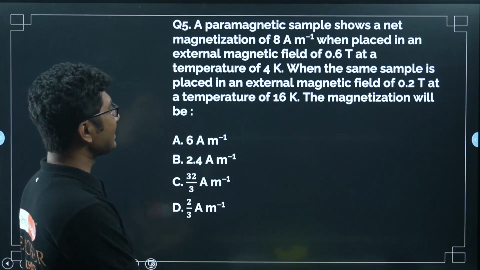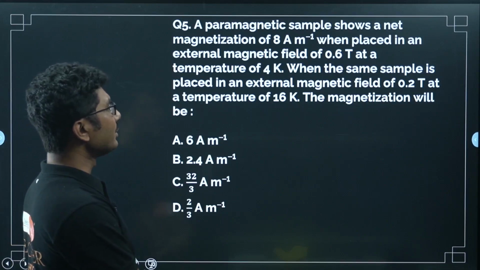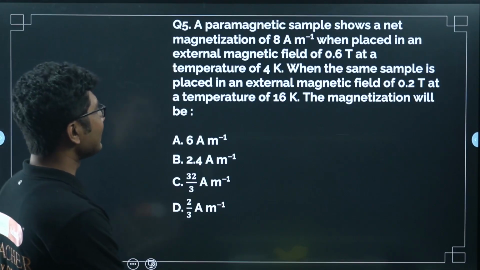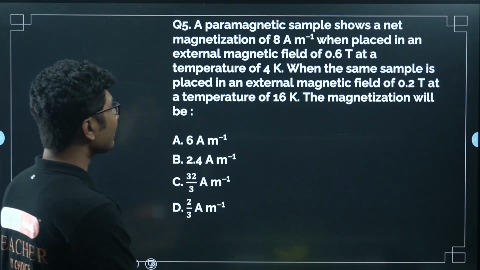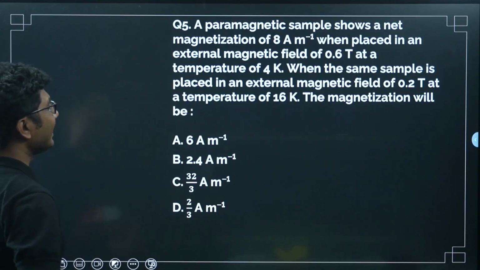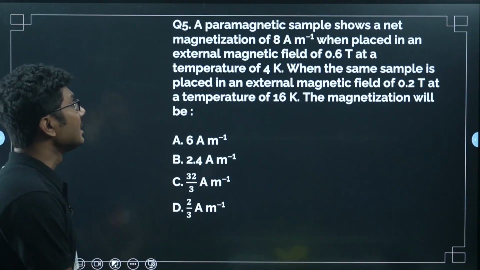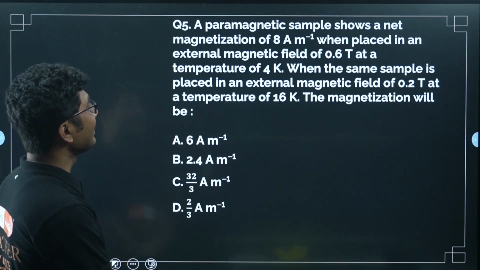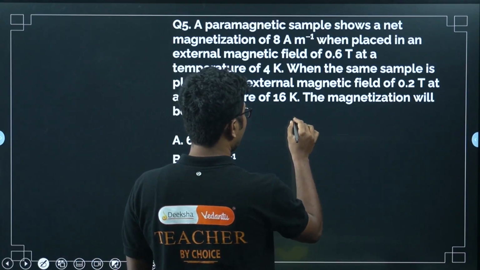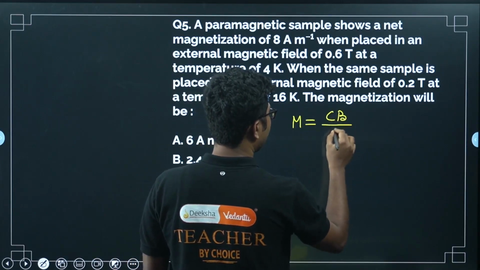When the same sample is placed in an external magnetic field of 0.2 Tesla at a temperature of 16 Kelvin, okay, the magnetization will be, now this part is also partly deleted, but you should know that the relationship between net magnetization, magnetic field and temperature is given by magnetization is equal to CB divided by temperature.